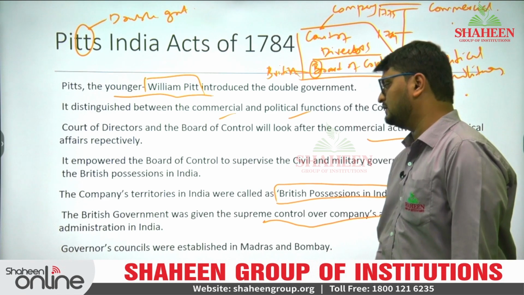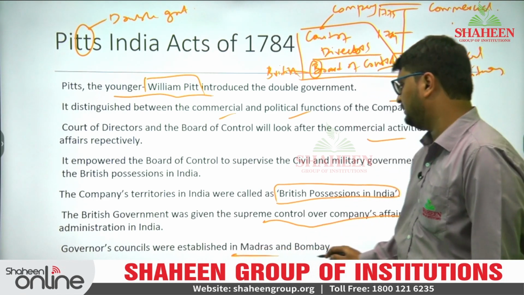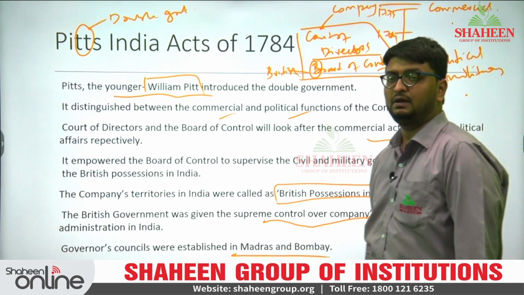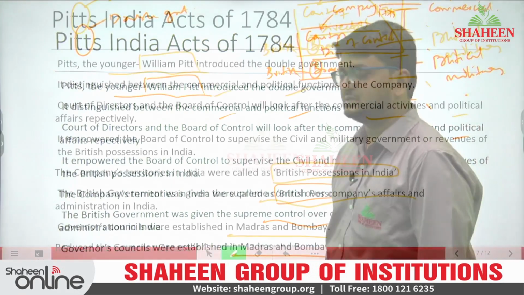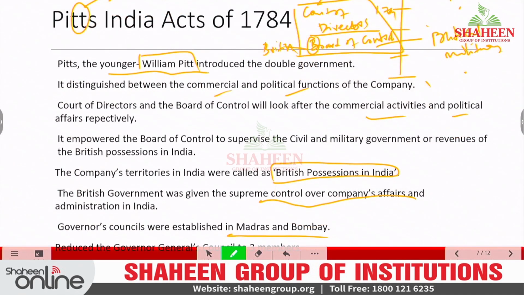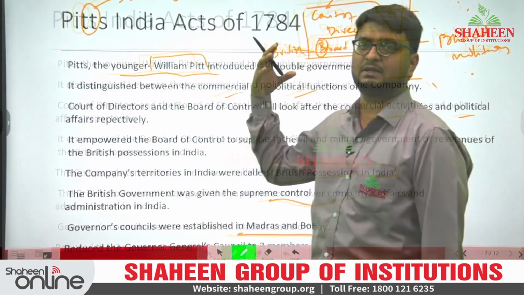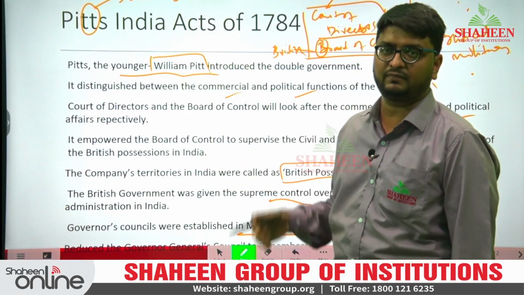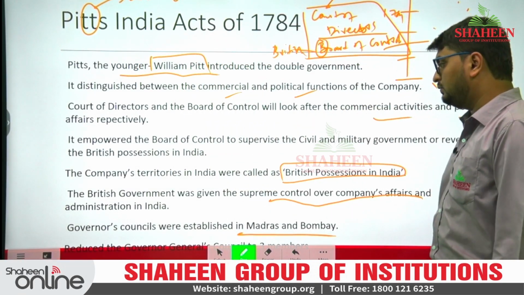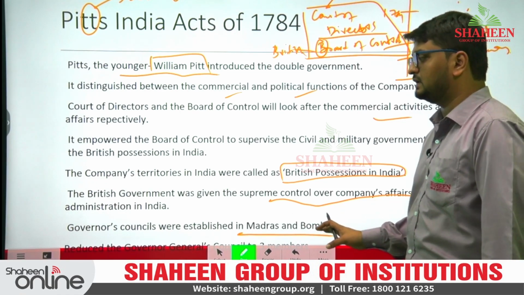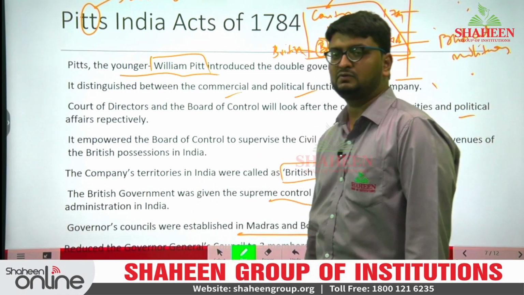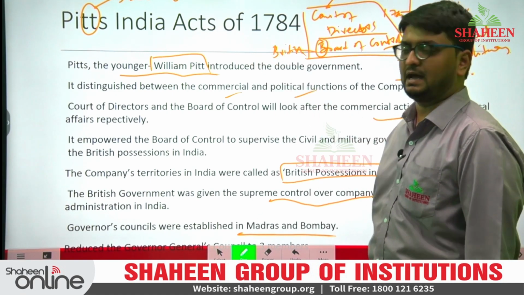Governors' Councils were also established in Madras and Bombay. This was also an impact of the Pitt's India Act, that you had a Governor's Council at Calcutta for the Governor General of Bengal, and now at the Madras and Bombay provinces also Governors' Councils were made by the Pitt's India Act.